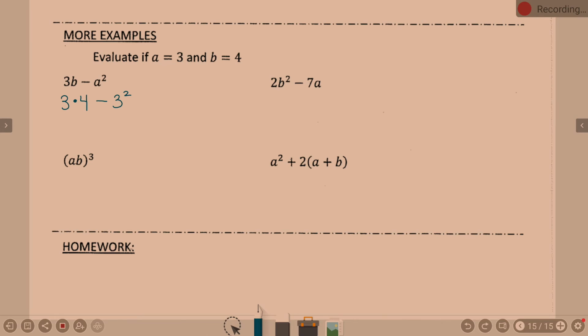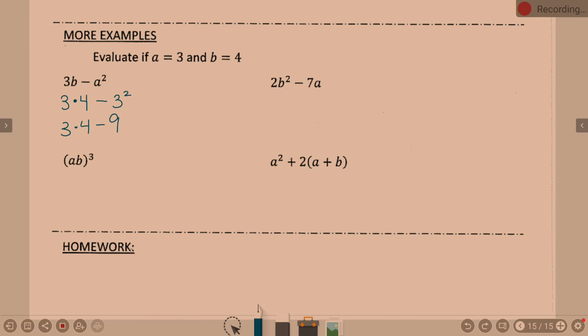So we do the exponent. 3 to the second, 3 times 3 is 9. I would encourage you to rewrite the rest of the problem so you know where you're at. So we've got 3 times 4 minus 9.